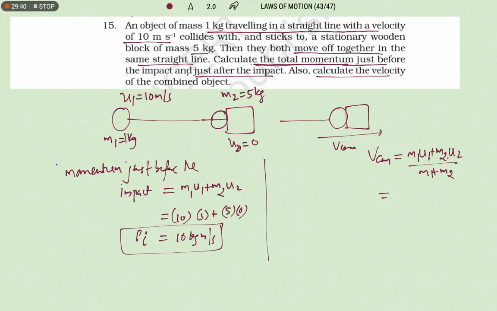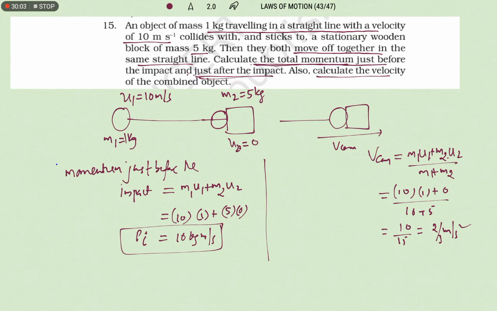So 10 into 1 plus 0, and m1 plus m2 is 10 plus 5, so 10 by 15, that is 2 by 3 meter per second.